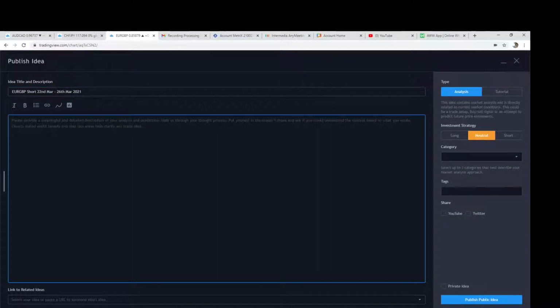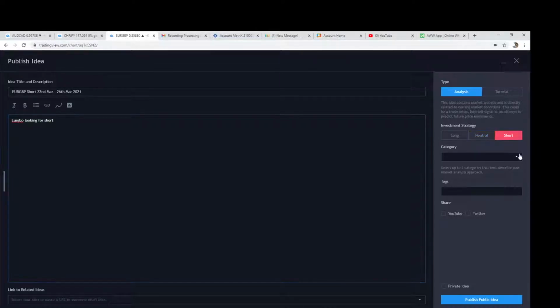Okay, so Euro GBP looking for short. Analysis, Euro GBP. What kind of entries am I looking for? Short. What kind of methods am I doing? Supply and demand. Wrong spelling.